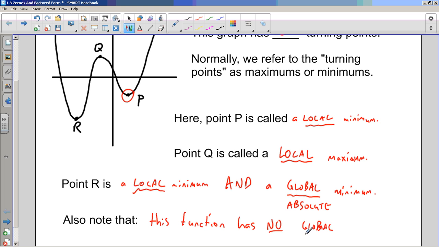Global maximum. Okay, and so I've probably already used these terms, local minimum, local maximum, global minimum, global maximum in class, and now we've got it into our notes, so for sure you can understand that as well.